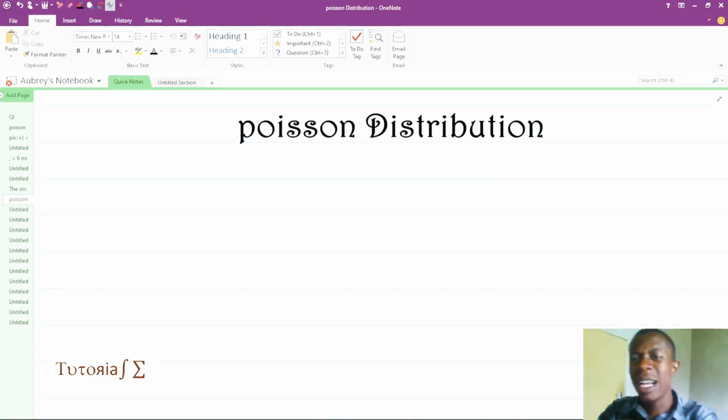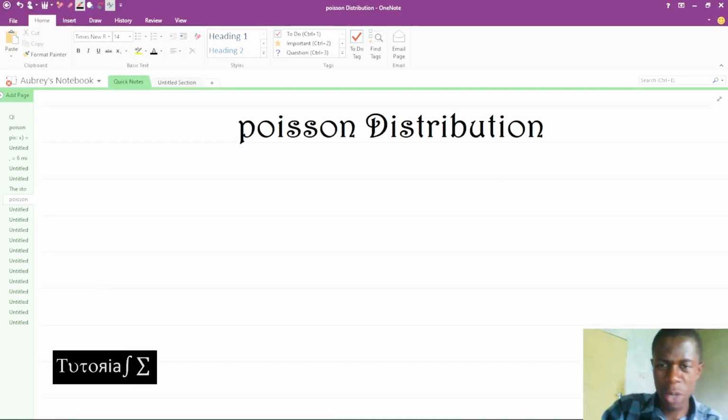Let's also look at the probability density function we're going to use.